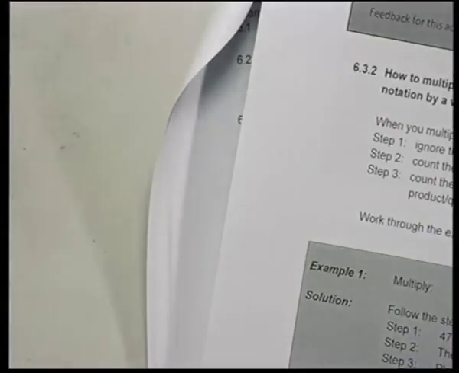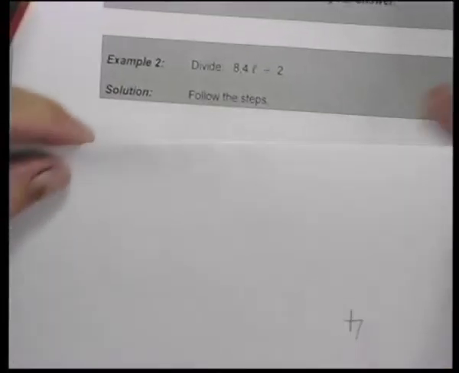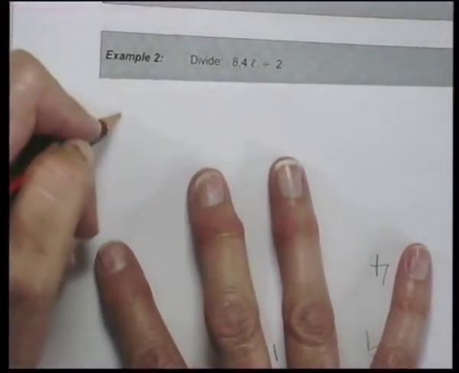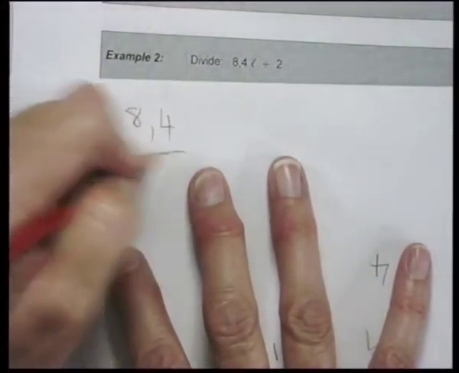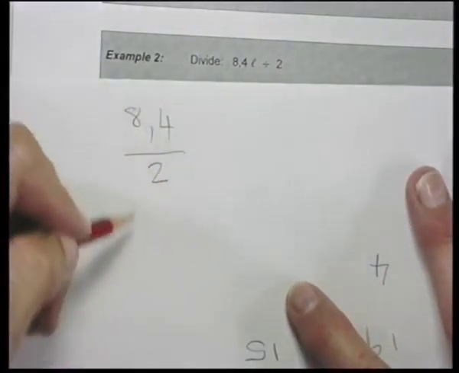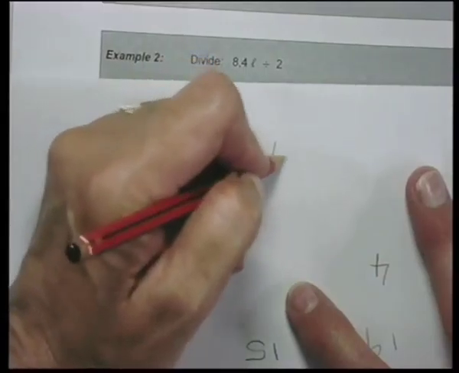If we divide, we must remember to teach the learners, division starts from the left. Multiplication starts from the right. So how do we divide 8,4 by 2? We can say 2 divided into 8, that is 4.